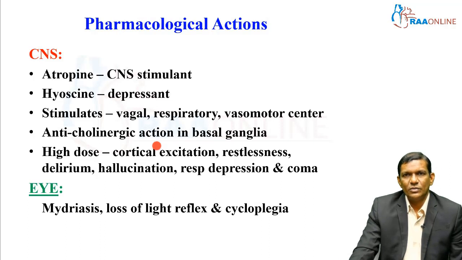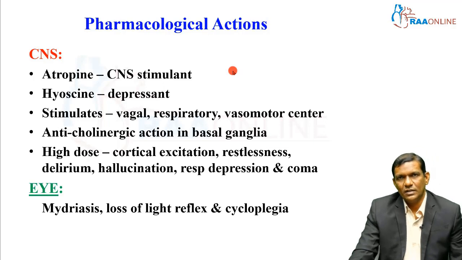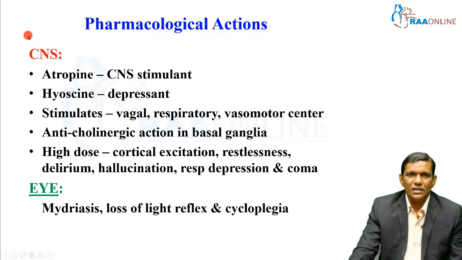Now coming to the pharmacological actions, what happens with atropine as a prototype and what it does in the different systems. First we start with the central nervous system. Atropine in general behaves as a CNS stimulant, but not at low doses, only at very high doses, where it can produce CNS excitation.